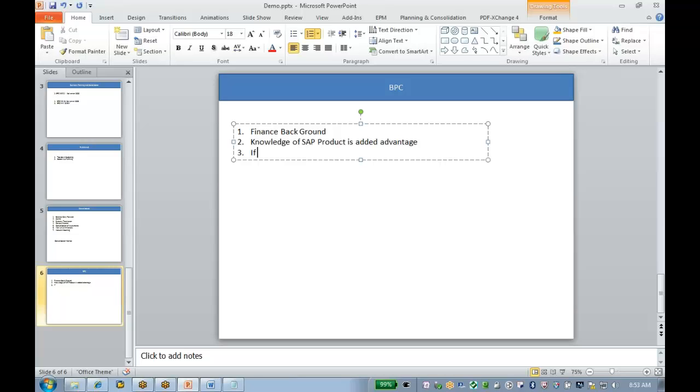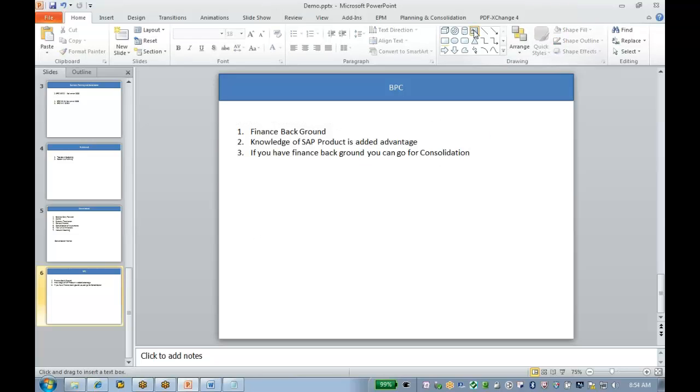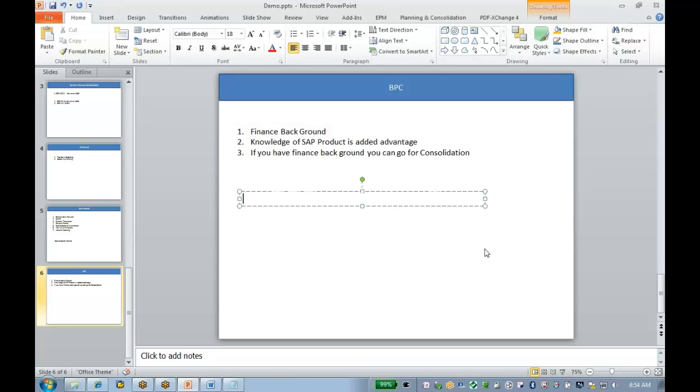If you have a finance background, you can go for consolidation. If you don't have a finance background, you can go for planning.